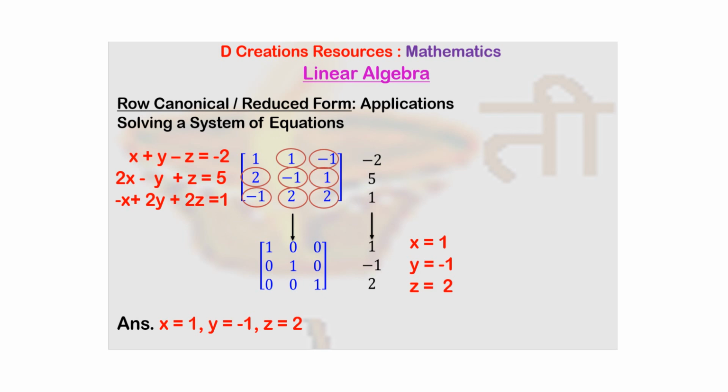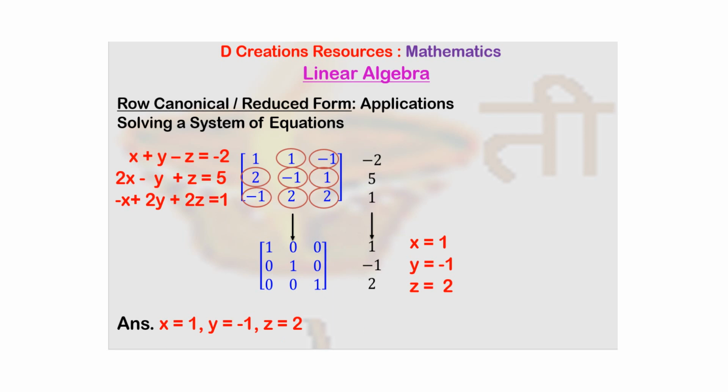If you do it, finally you are going to get the result as 1, minus 1, 2. So in fact this is going to be the unit matrix times the column vector xyz is equal to 1, minus 1, 2. So that itself gives you the solution that x is 1, y is minus 1, z is equal to 2.